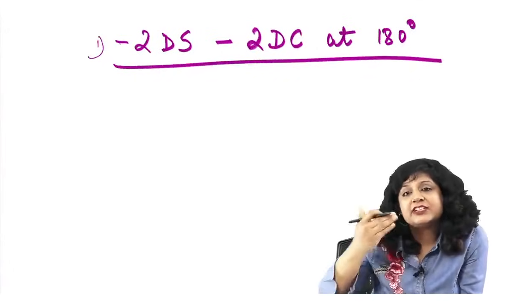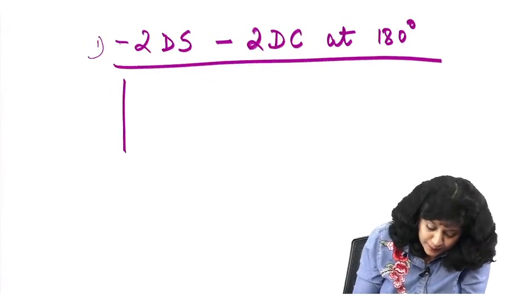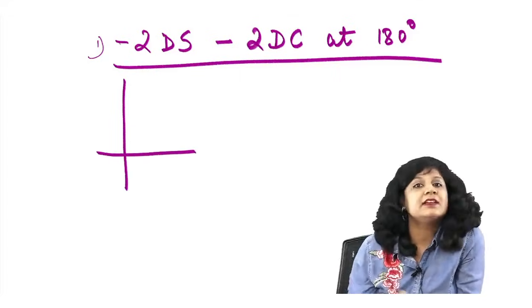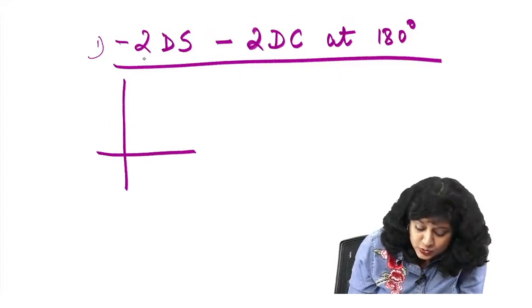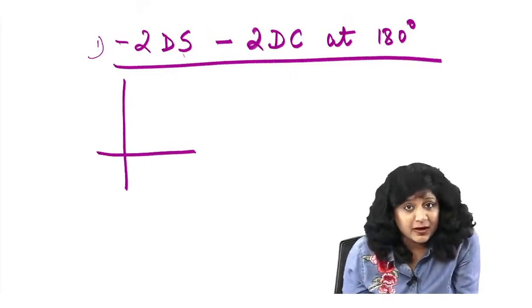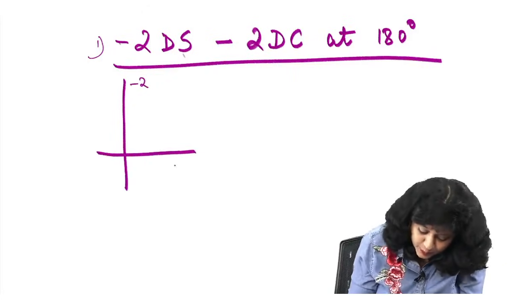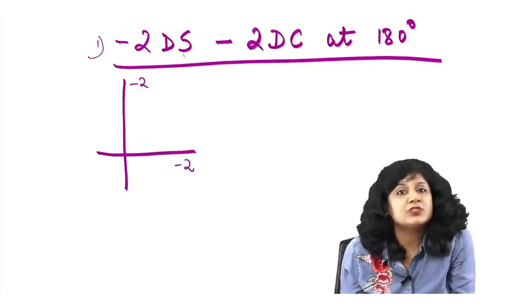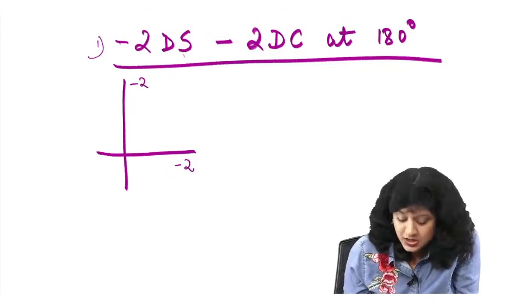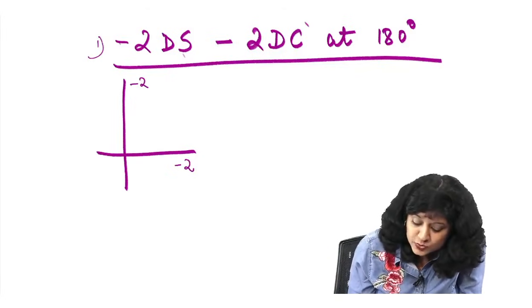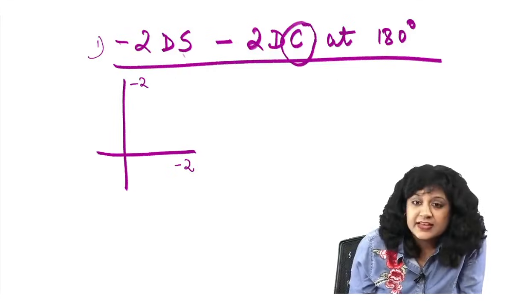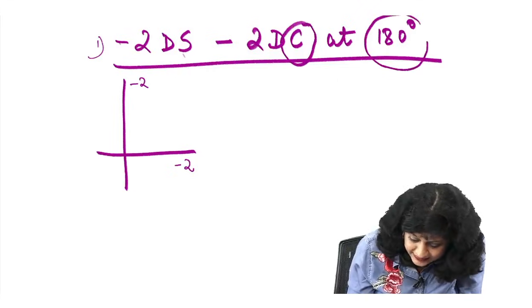So let's first convert this into a retinoscopic finding. Now -2 diopter is a spherical amount, so this will act in both the meridians, -2 here and -2 here also, while the other -2, which is the cylinder, is given at 180 degrees.